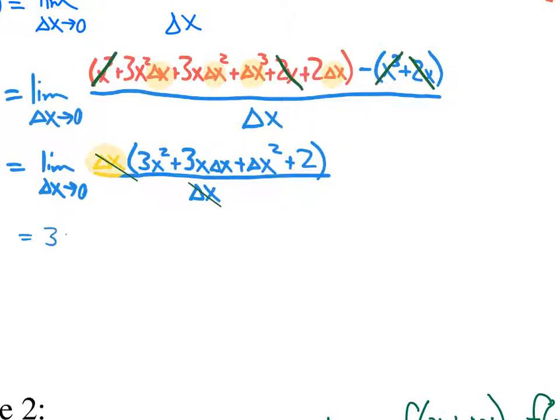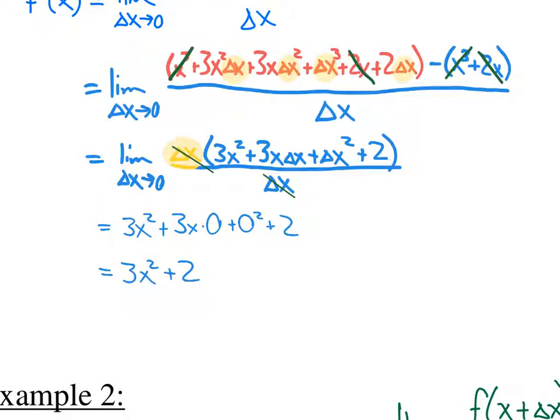So 3x squared plus 3x times 0 plus 0 squared plus 2, of course, is just 3x squared plus 2. So we would say f prime of x is 3x squared plus 2. Okay?